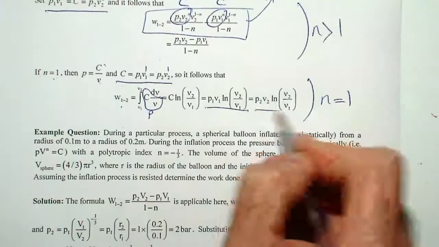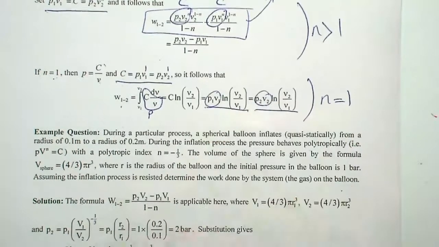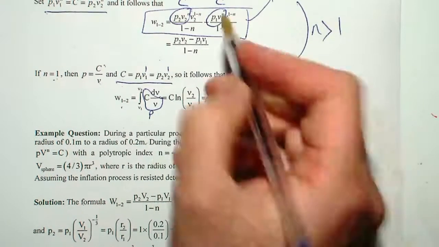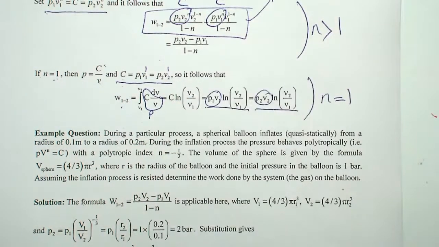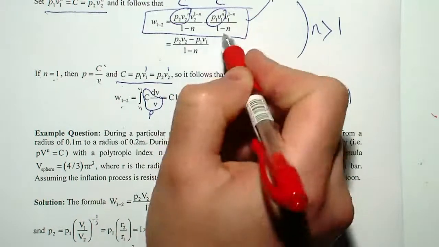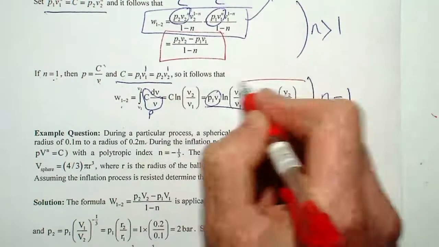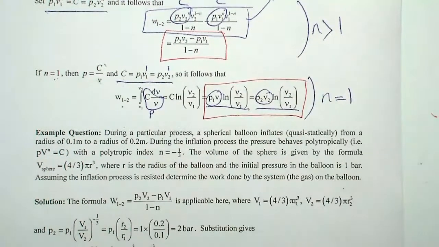And because you can change P1 V1 to P2 V2, these are the two equations that you can write for this specific case. Now, if you look at that equation here, I'll just highlight it, and that equation here, these are exactly the sort of equations that you get in your formula sheet.